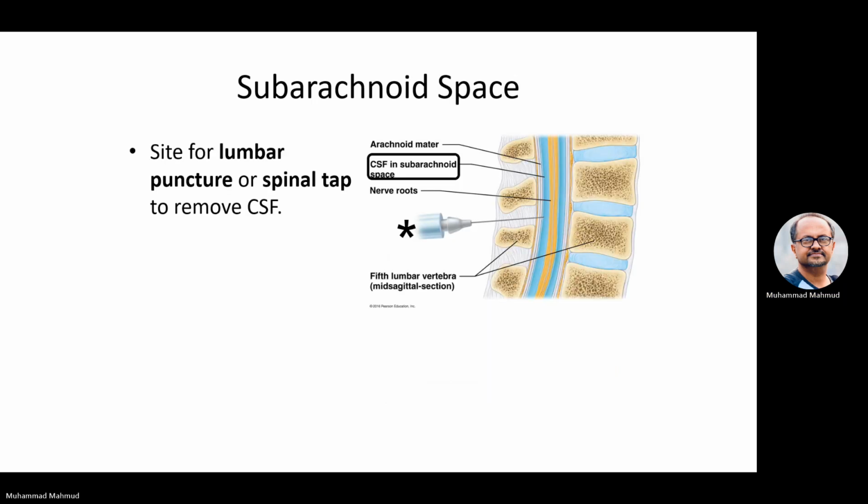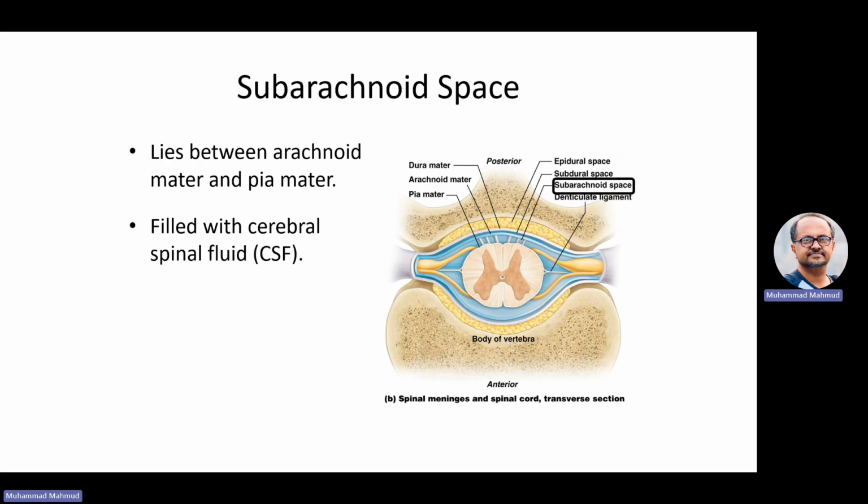Now, this knowledge we are going to apply for our clinical application. The spinal tap or lumbar puncture, this is what we do. We insert the needle into the subarachnoid space below the arachnoid, right? Where the CSF is. If I go back, remember subarachnoid space contains CSF.